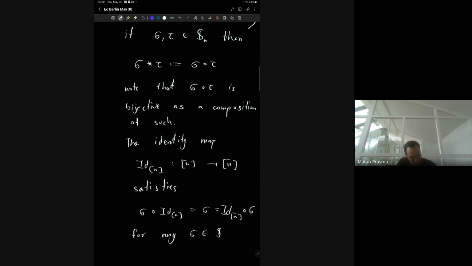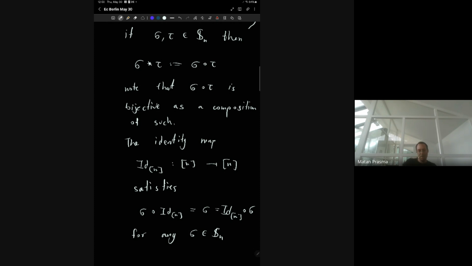In fact, for any sigma from n to n, this equation would be true. So we have a binary operation, and we have a candidate for a neutral element.